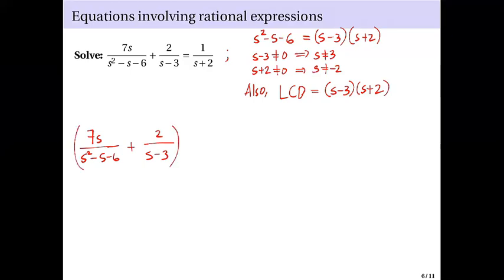So we multiply this to the LCD. So let me put the LCD in factored form, (s minus 3)(s plus 2). And then on the other side, we have 1 over s plus 2 multiplied to the LCD, (s minus 3)(s plus 2).